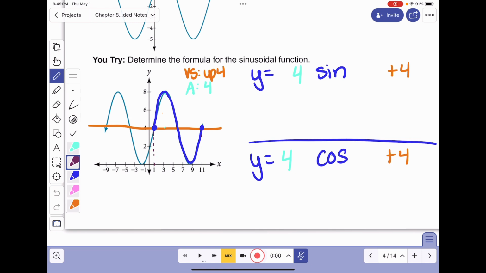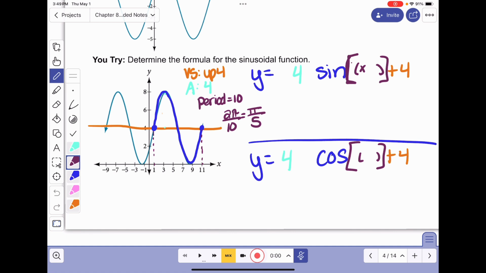So we go from 1 to 11. So the period is 10. So to figure out the number we put in here in front of x, we're going to do 2 pi divided by 10, which simplifies to pi over 5. So that part doesn't change no matter whether it's sine or cosine.